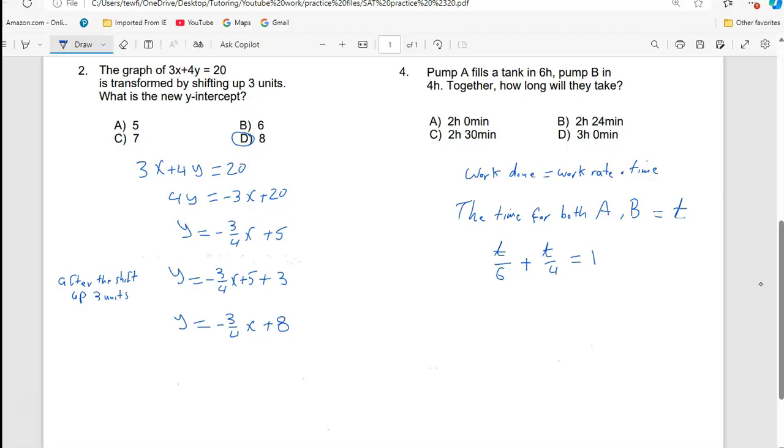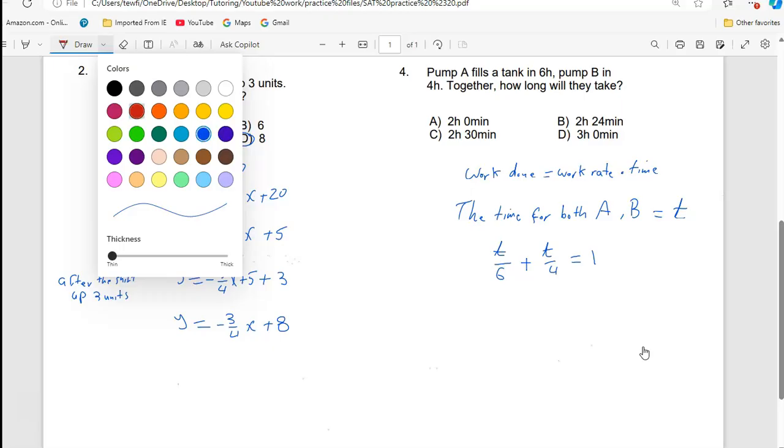We can get rid of the denominator by multiplying both sides by 12, right?